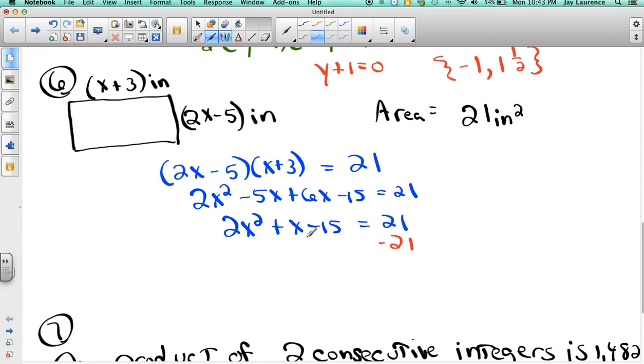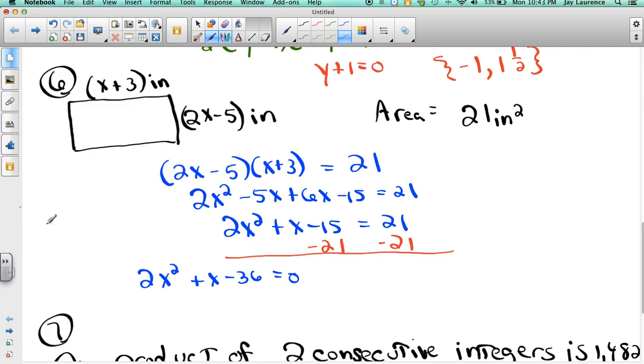So I'm going to subtract 21 from both sides. Okay, now it's going to work out nice. So I'm going to get 2x squared plus x minus 36 equals 0.